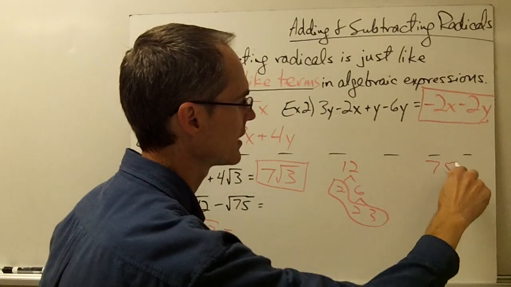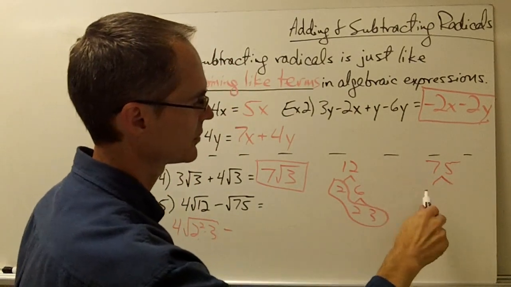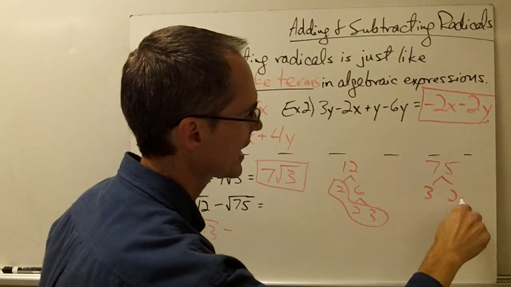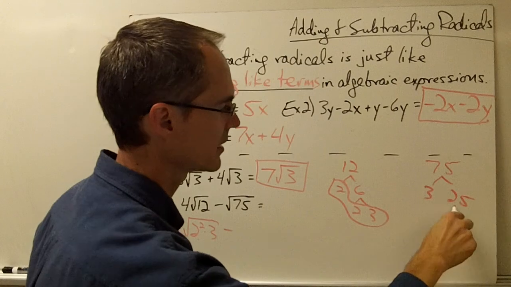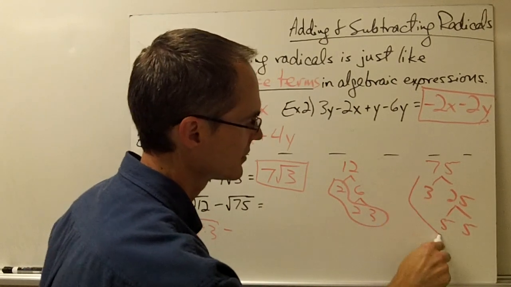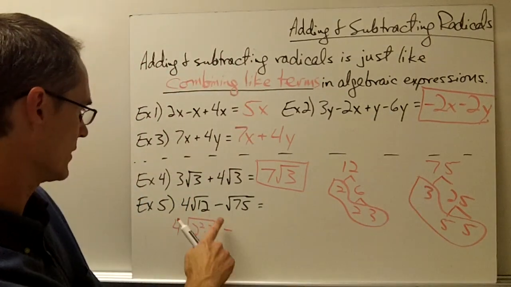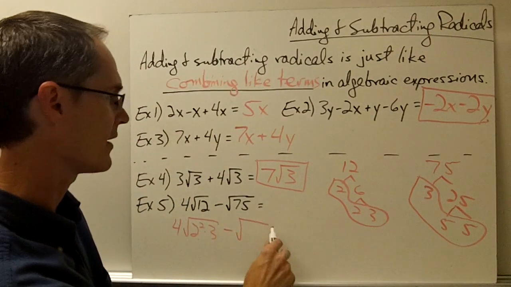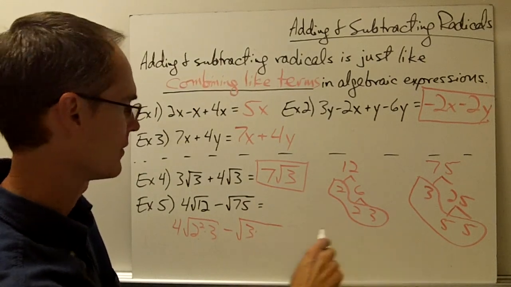All right, let's see, 75 will factor into 3 times 25. 3 is prime, so I can't break that down anymore. 25 is 5 times 5. So 3 times 5 times 5 is my prime factorization here. So square root of 75 is 3 times 5 squared.